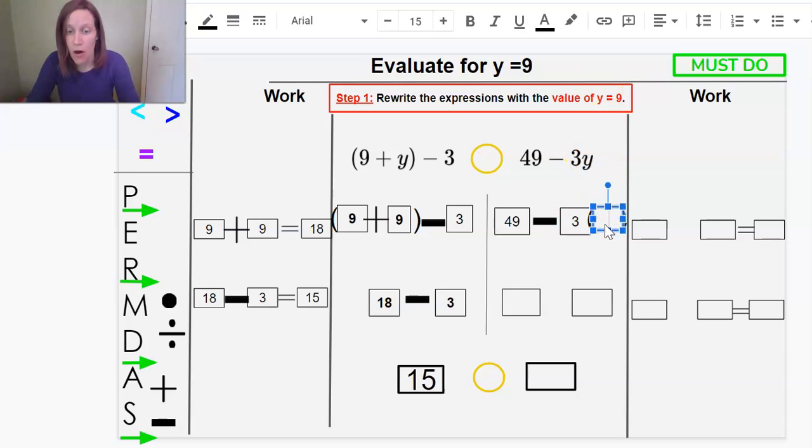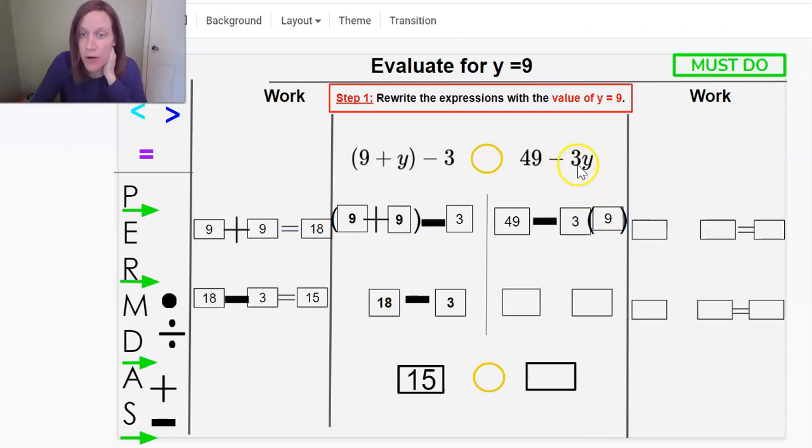So when we rewrite that right here, we put that number right next to another number in parentheses, which also means multiply. And then I'm going to use order of operations to solve this. Remember, these parentheses mean multiply. So I don't have any other parentheses in the problem. I don't have any exponents or radicals.